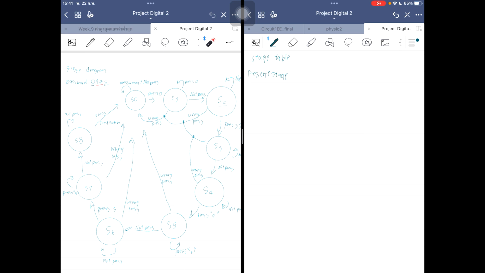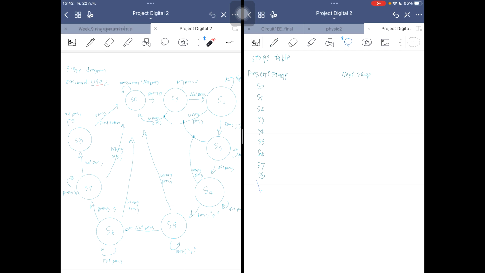From the state diagram, I have 9 states. And another main point is the next state. Next state is the result when you put input inside the state.